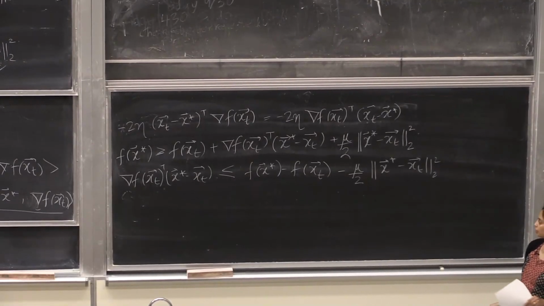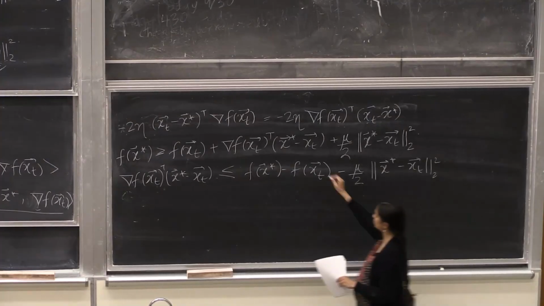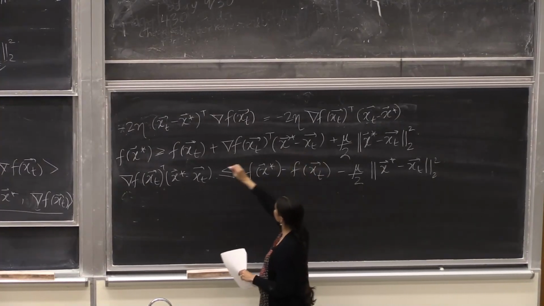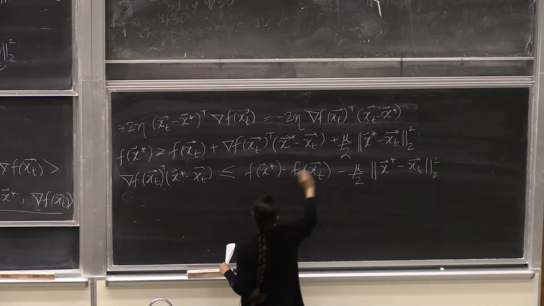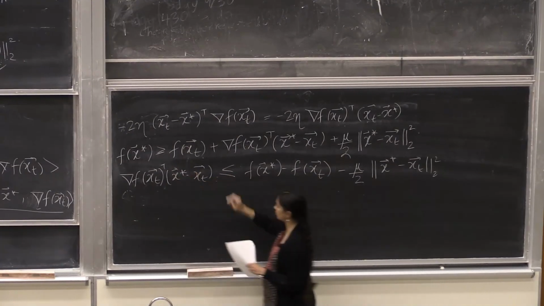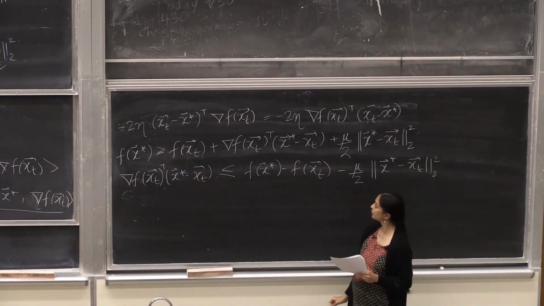Right? I just moved things to one side. I moved this term to this side, and I moved this term to this side. And so I get this thing is less than or equal to that, right?